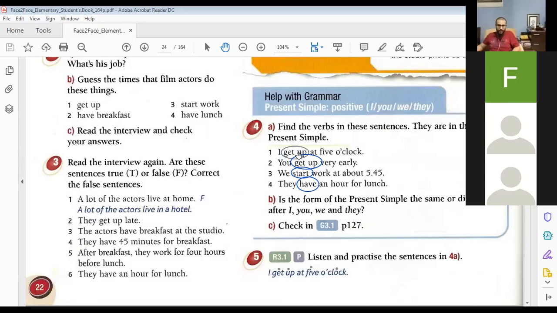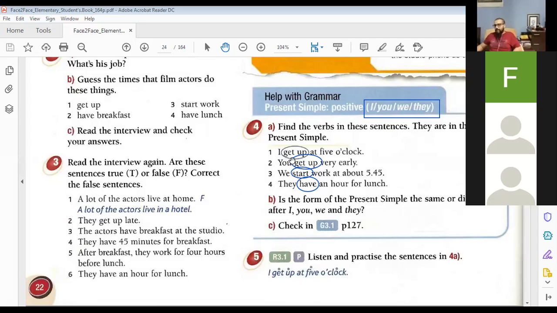So this means if the subject pronoun is I, you, we, they, there's no change to the verbs. This is the idea. Okay.